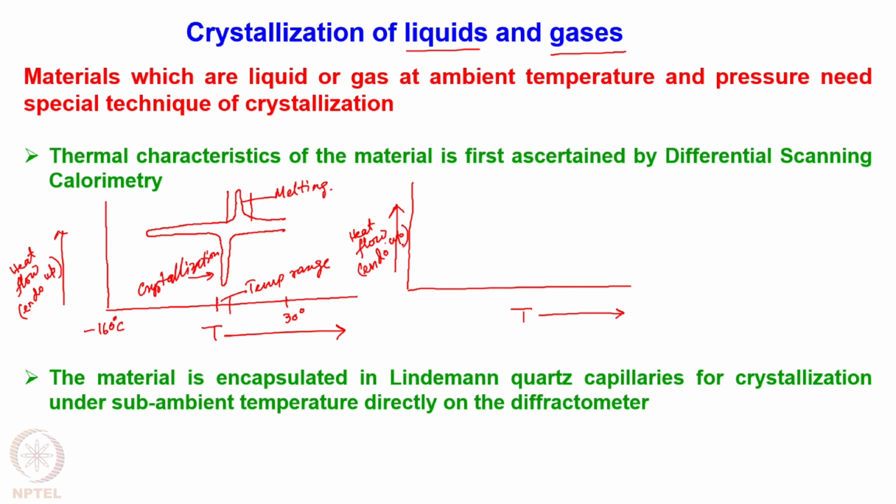The first type of liquid is shown here, which is very simple: on cooling from room temperature it crystallizes at a temperature just lower than room temperature, can be crystallizing at 0 degrees centigrade, can be at -15, -20, maybe -30, -40 degrees centigrade.